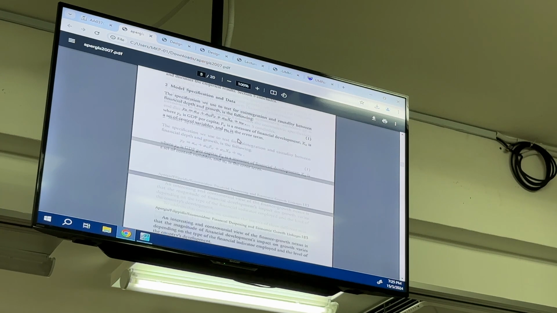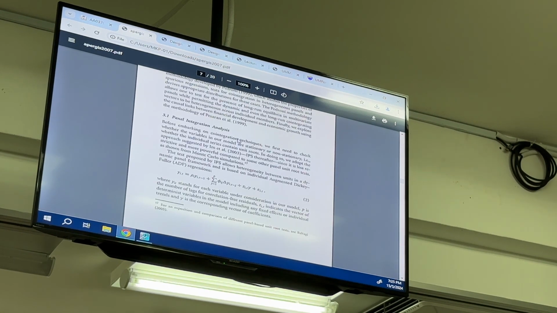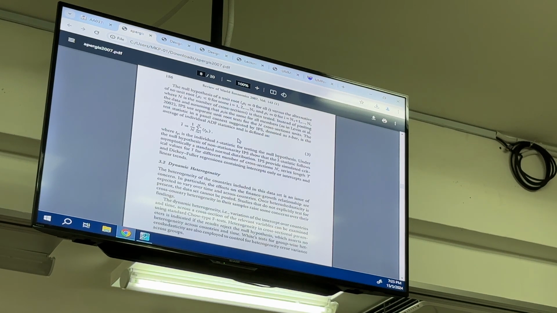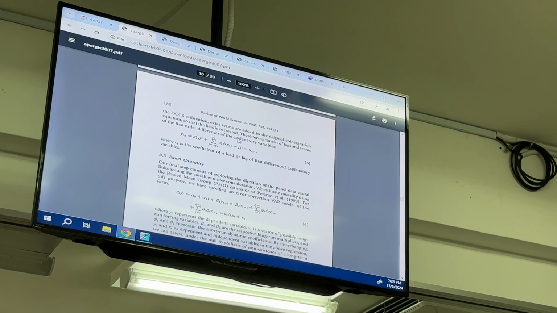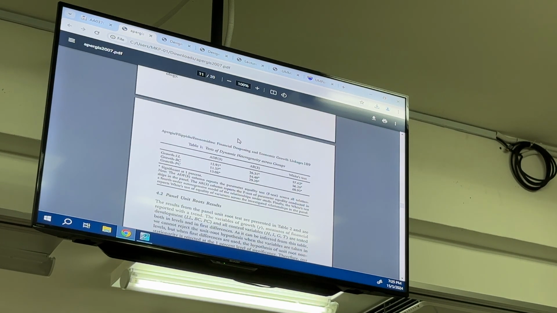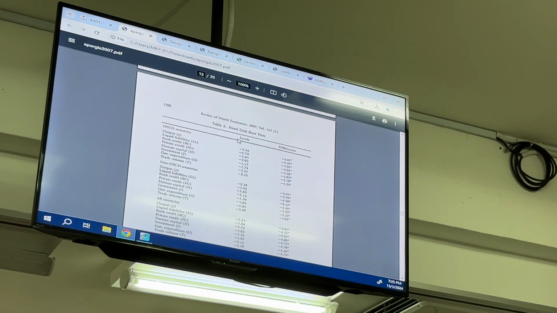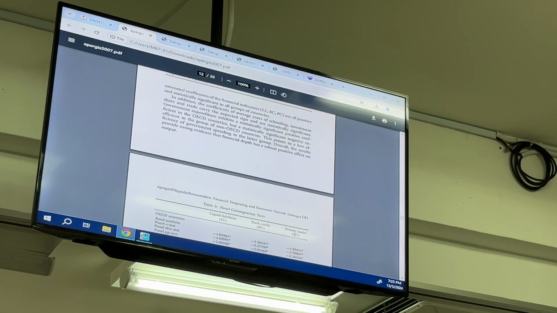So you can take a look at how people bring out the panel co-integration approach. People will first test the panel unit root test for all the variables.